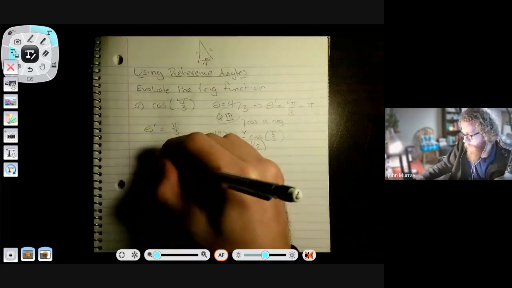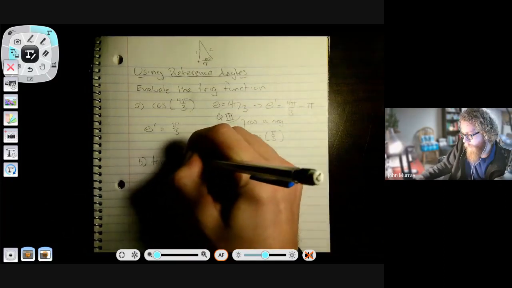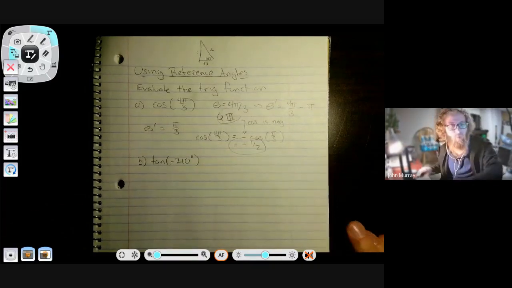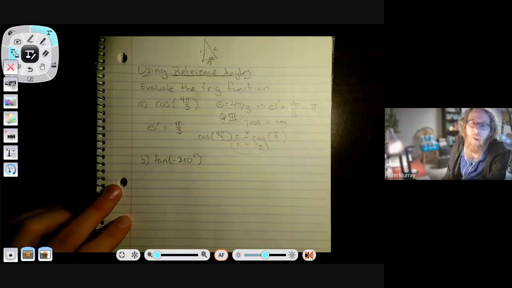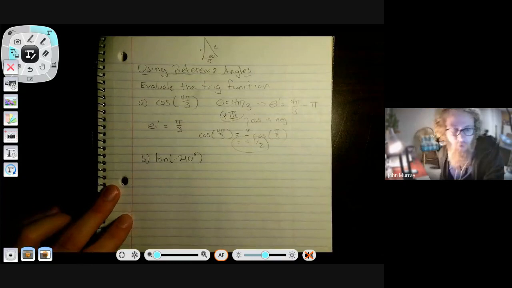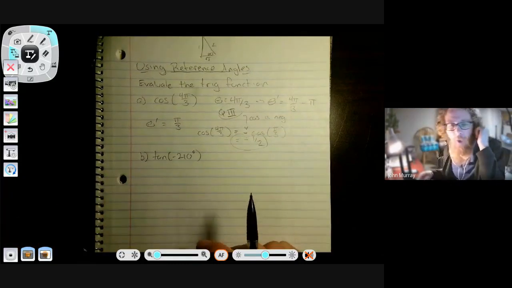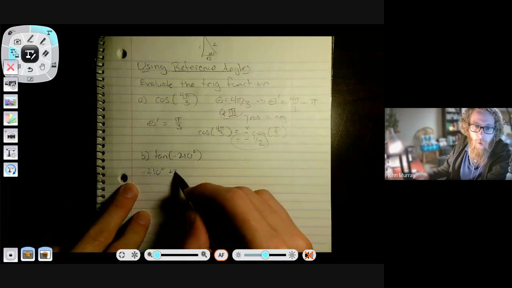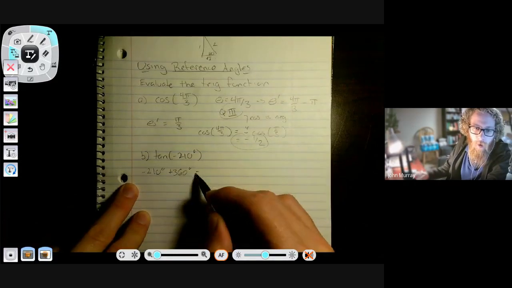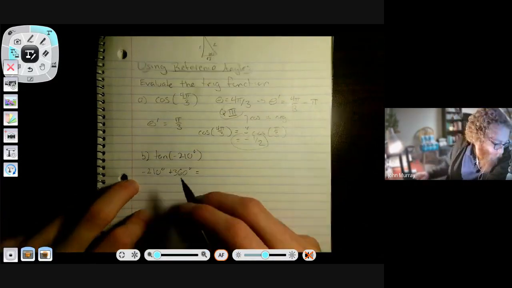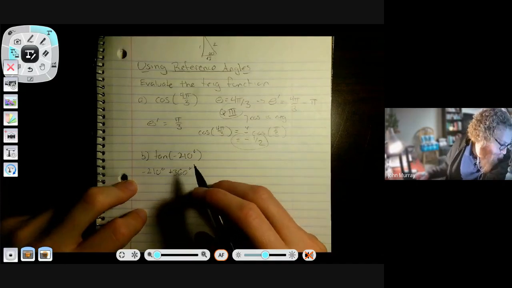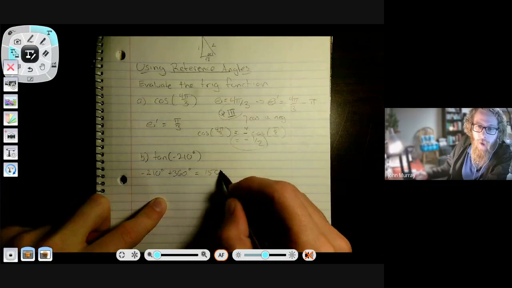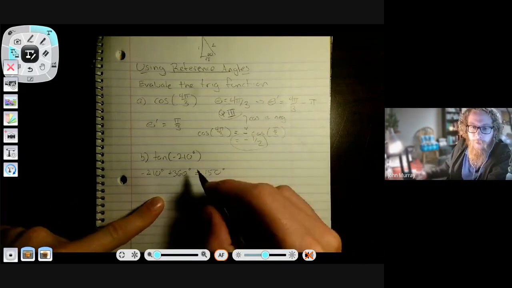Let's find the tangent of negative 210 degrees. Anytime we deal with a negative degree or radian, we want to make it positive. So we're going to do negative 210 plus 360 in order to get the coterminal angle, and in doing that, we get 150 degrees.